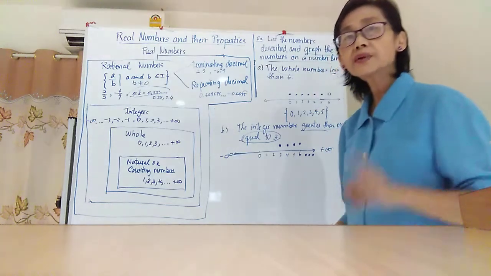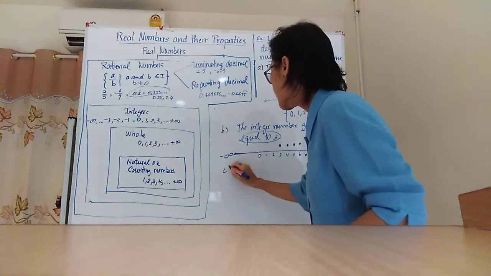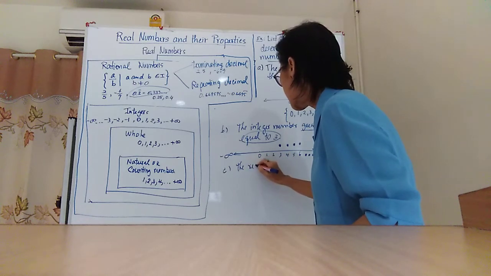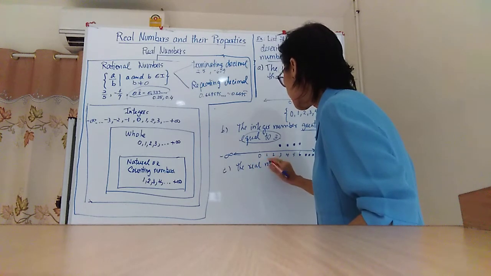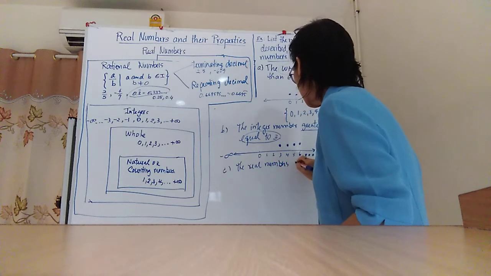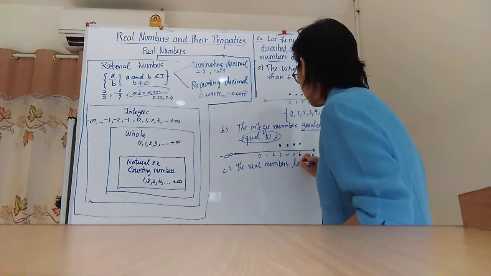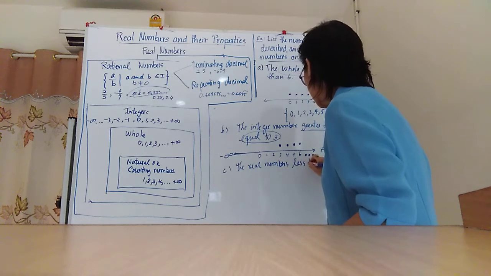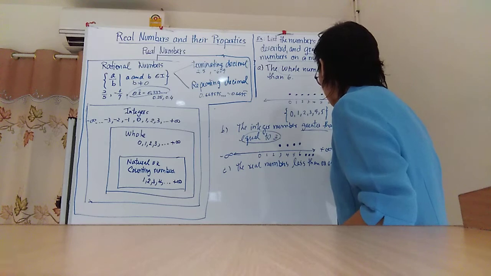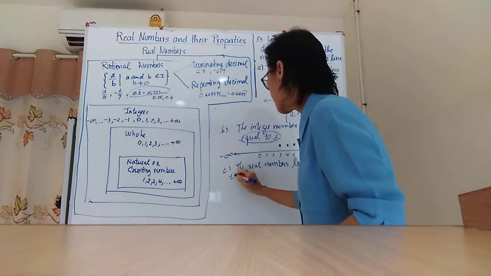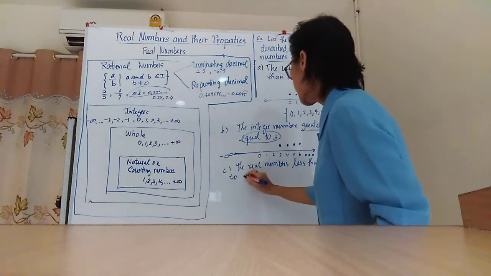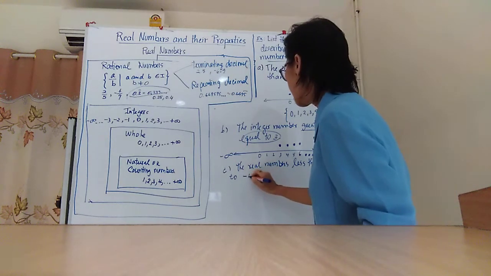So how about we try one more example? If I say the real numbers less than or equal to negative, maybe we try -4, right?